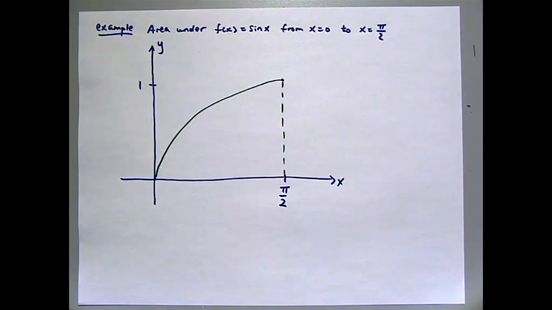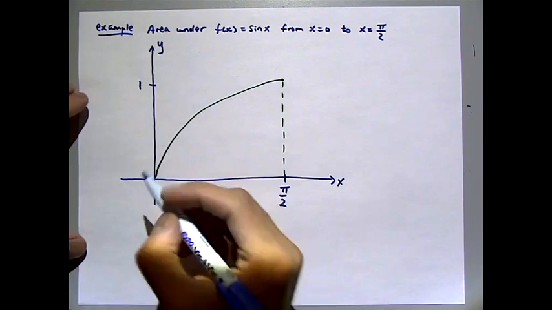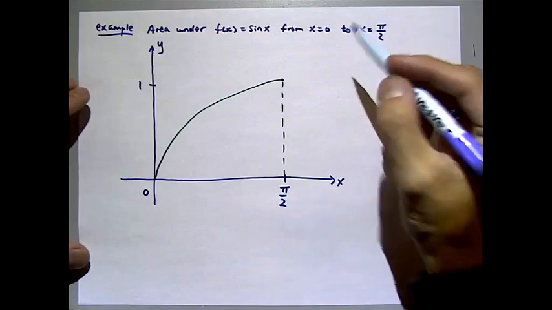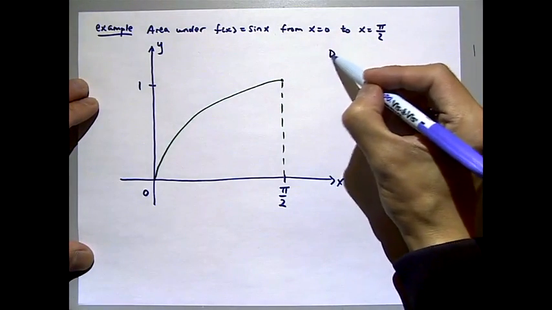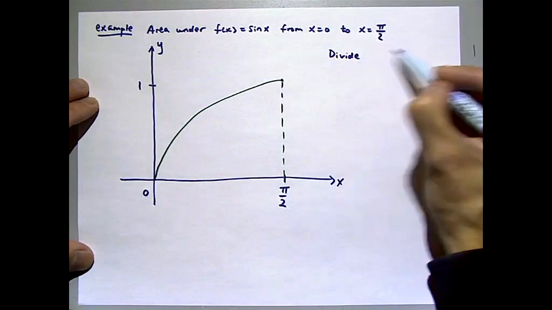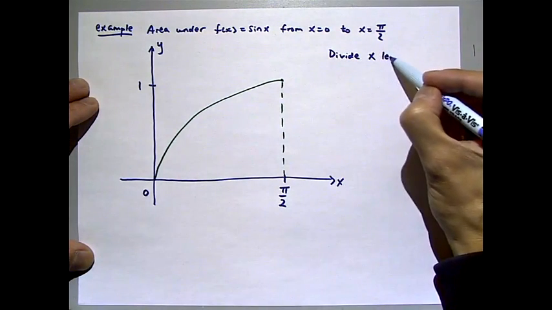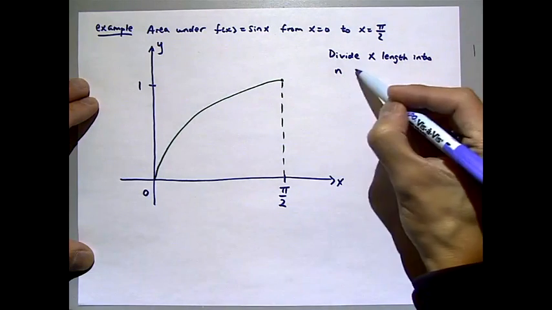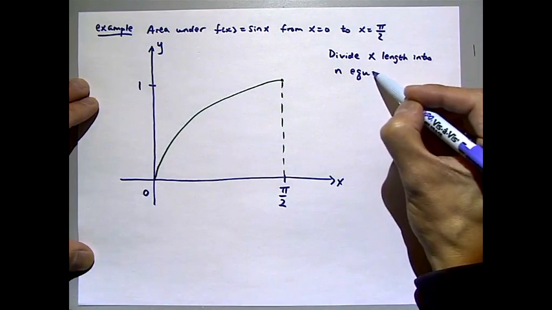The first step here is to look at the x length here from 0 to pi over 2. We'll divide this into n equal intervals. N is a number you choose. Divide the x length into n equal intervals.